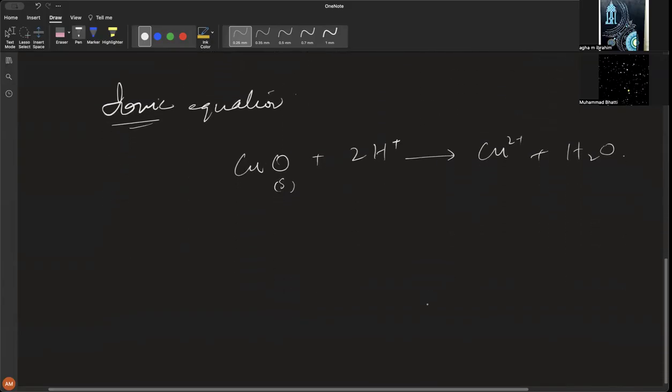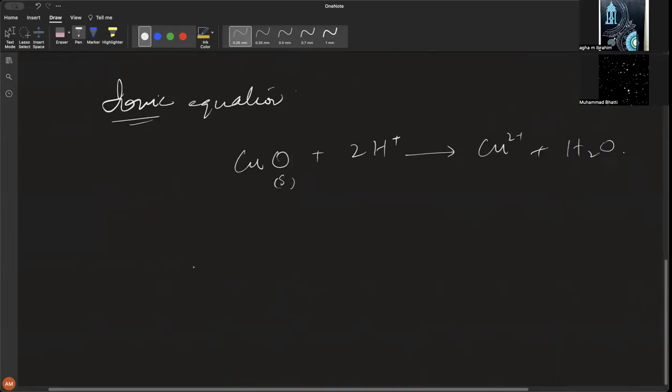Similarly, if you consider another base reaction, let's take sodium hydroxide with dilute nitric acid, HNO3. You're going to get sodium nitrate, NaNO3, plus water, H2O.